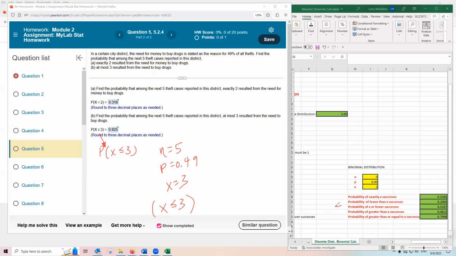Well, less than or equal to is going to be X or fewer. So I'm going to be using this green box for my answer. But I've got to change the X box to be a 3. So let me change this X box here to be a 3. There it is. And I'm going to go to this green box right here. And so our answer is going to be 0.825.